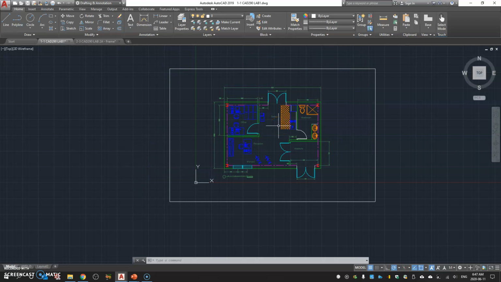In the videos that you watched, Tim enlarged the frame and put it around the view. There is another way that we're going to talk about in CAD290, your next course, and that's using layout.